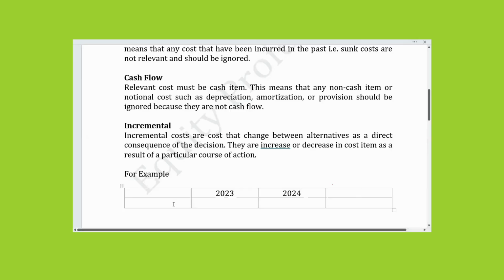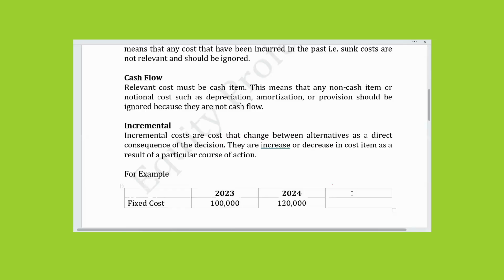Let's say a company incurs fixed costs in 2023. The fixed cost incurred is 100,000 for simplicity. And in 2024, the cost has increased to 120,000. So if management is now asking, Cynthia, in 2024, how much fixed cost have we incurred?